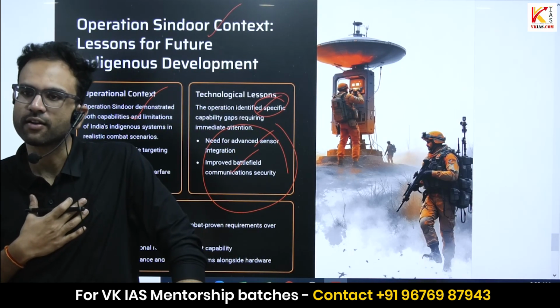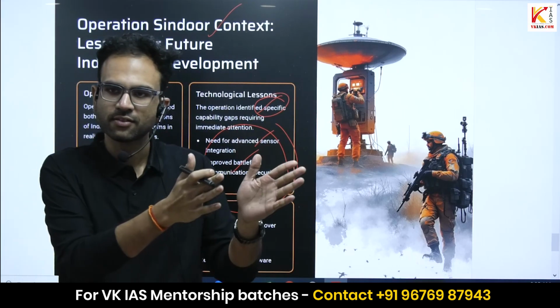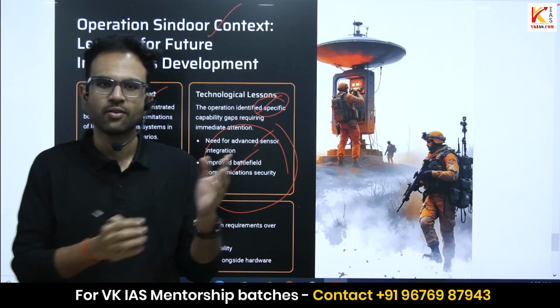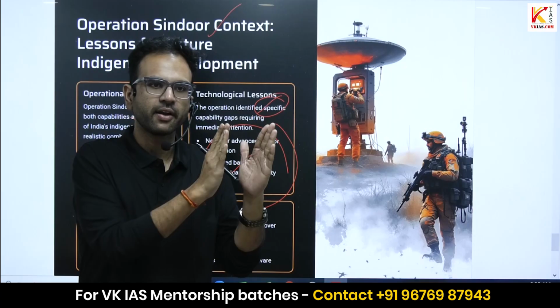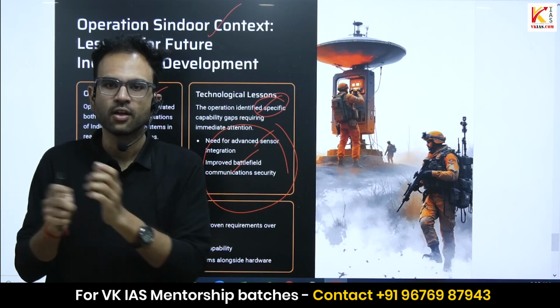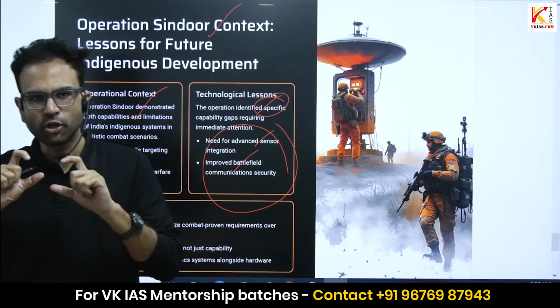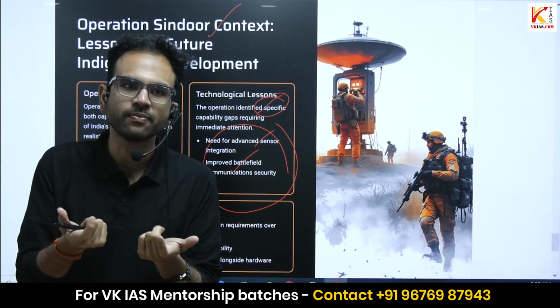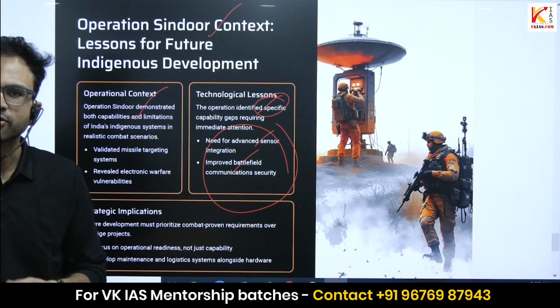What is the context here? From this to this. What is this part? Import dependency. What is this part? Self-reliance. How will you show this arc? There should be some example. That is how you introduce.